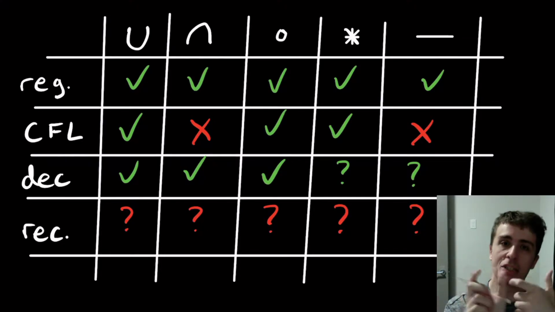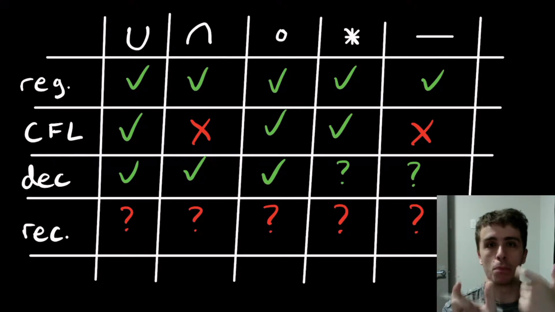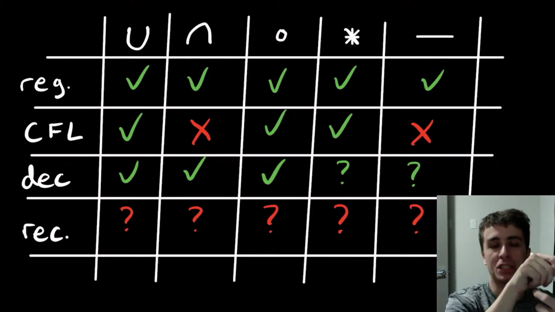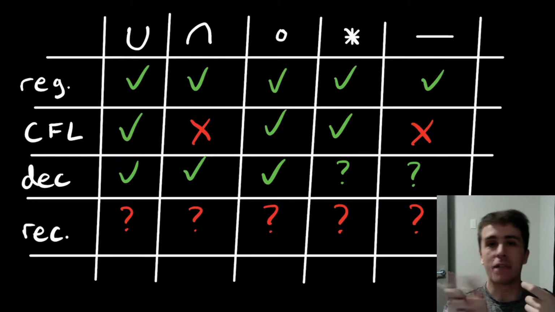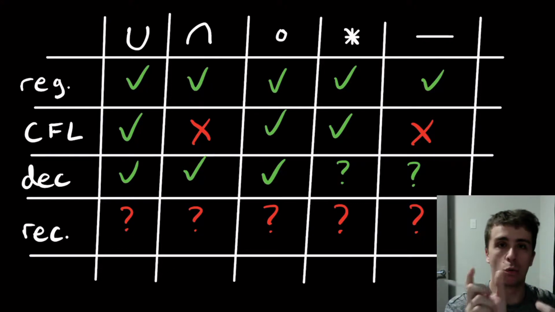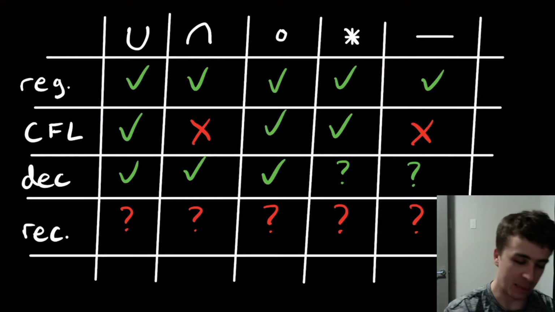If there is a way to split it so that both of the two parts accept, then we accept, because now we just found that one piece belongs to the first language and the second piece belongs to the second one. If you try all possible splits and none of them work, then there's no way that the string could have been the concatenation of two strings, one from the first and one from the second.